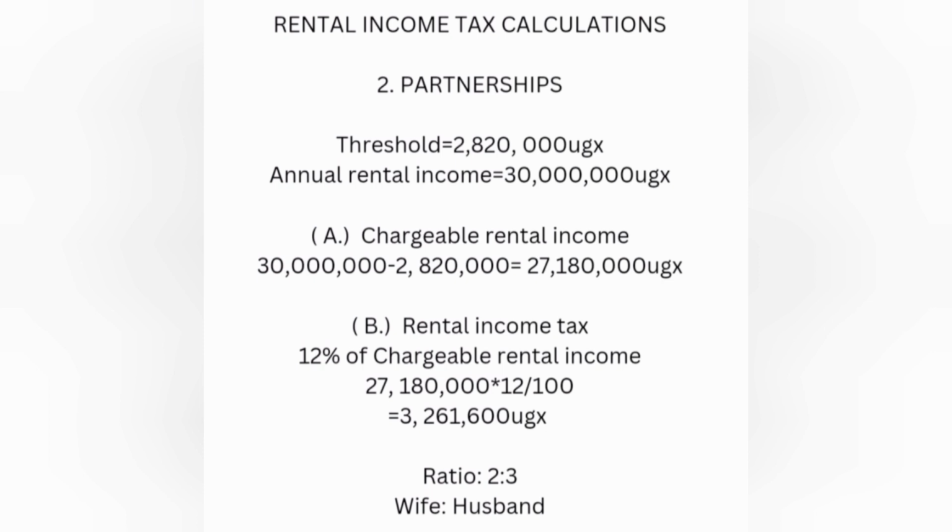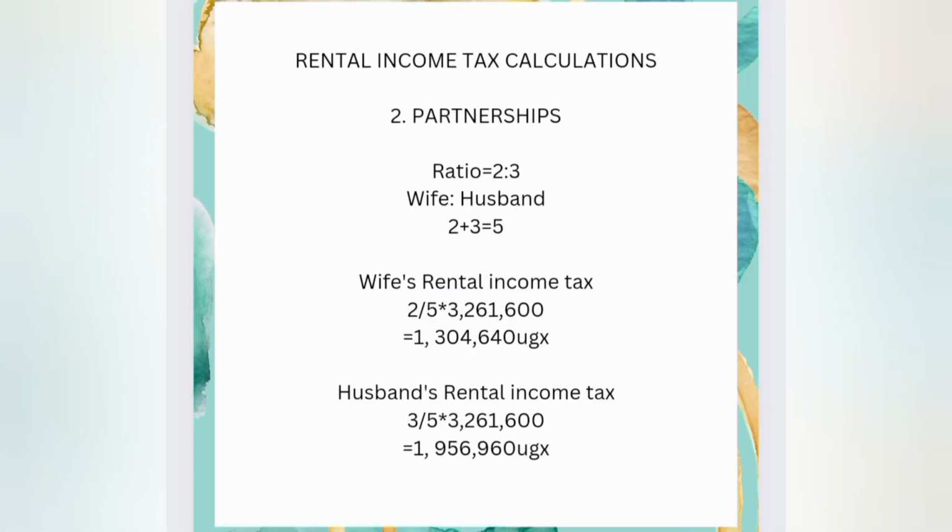That means the husband is getting more than the wife. Let's see how this calculation goes. So let's look at the calculation of the partnership with the ratios. We said the ratio is 2 to 3, wife to husband, so the wife is earning less of the rental income collected than the husband.